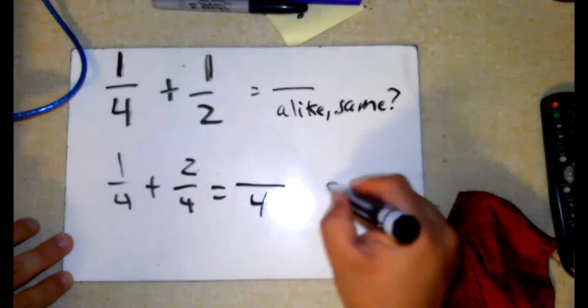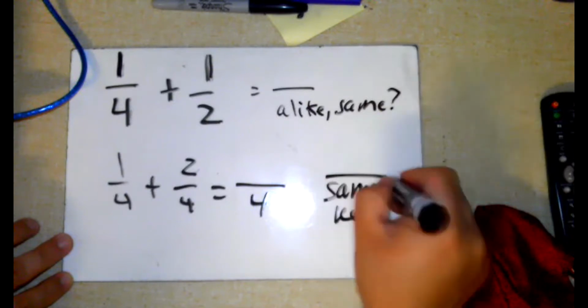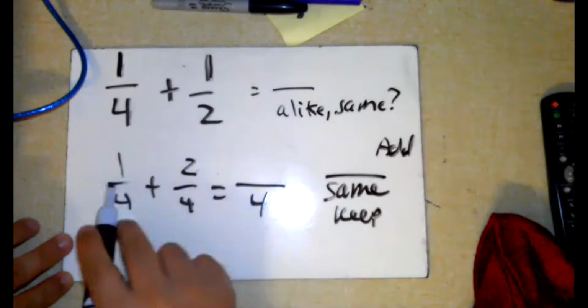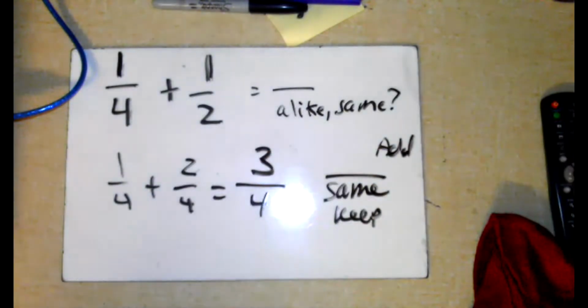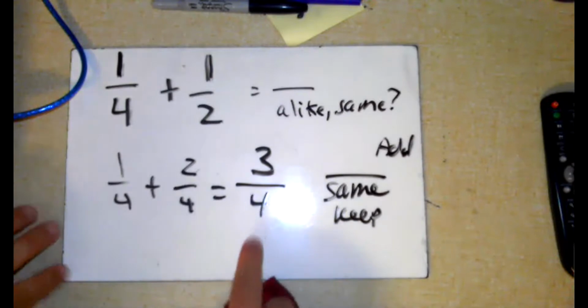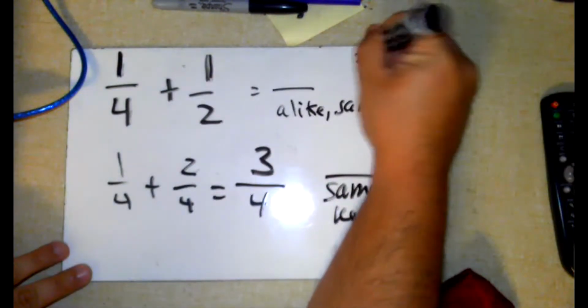When they're the same, you keep. And then we're going to add. So 1 plus 2 equals 3. So let's go ahead and show what that looks like. So remember, 3/4 is our answer. So I'm going to put 3/4 over here.